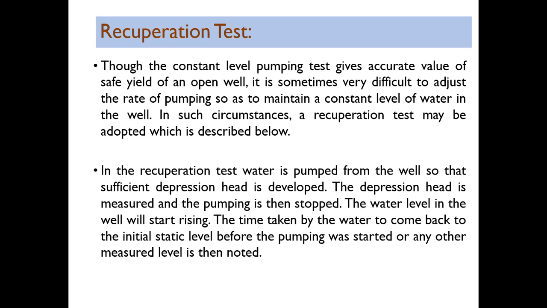When the pump is stopped, definitely there will be incoming flow. There will be a recuperation of the well, or rise in water level in the well. This principle is used for determination of discharge from the well, or yield from the well, under this recuperation test.